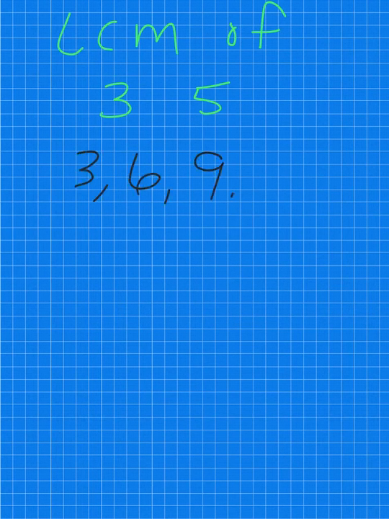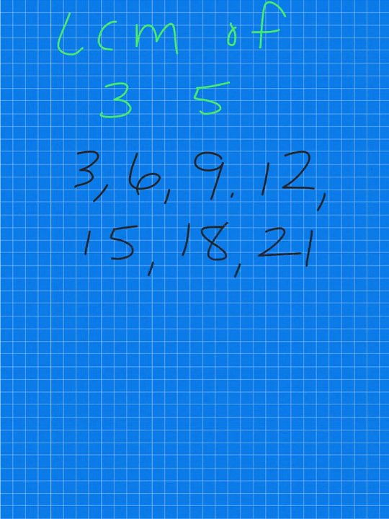Let's do another example. Let's find the LCM of 3 and 5. So we're finding the lowest common multiple of 3 and 5. Let's start listing the multiples now. 3, 6, 9, 12, 15, 18.